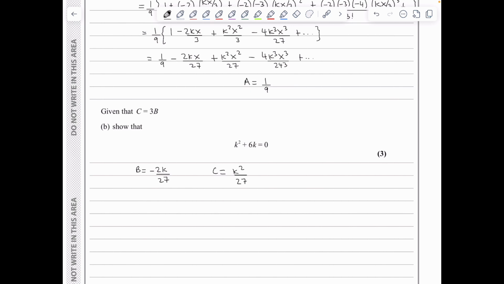And we are told that c is equal to 3b, so k²/27 is equal to 3 times -2k/27. Now, obviously, the 27s will cancel out, and therefore we get that k² is equal to -6k. I will be collecting everything on the left-hand side, so k² + 6k is 0 as required.